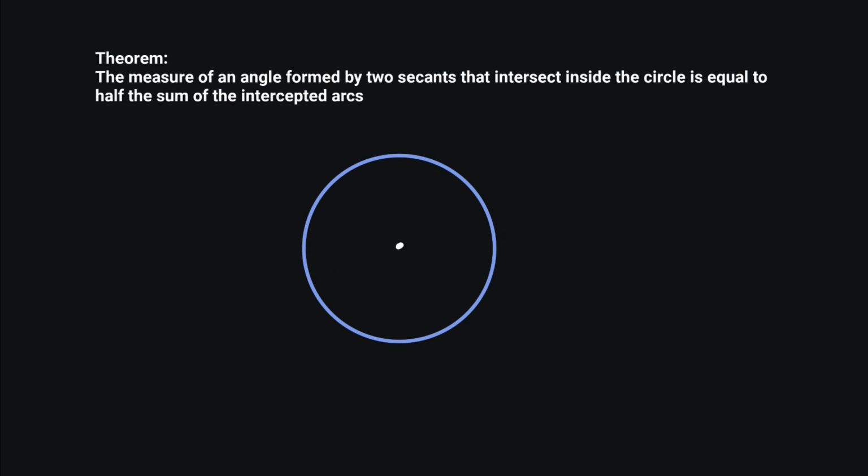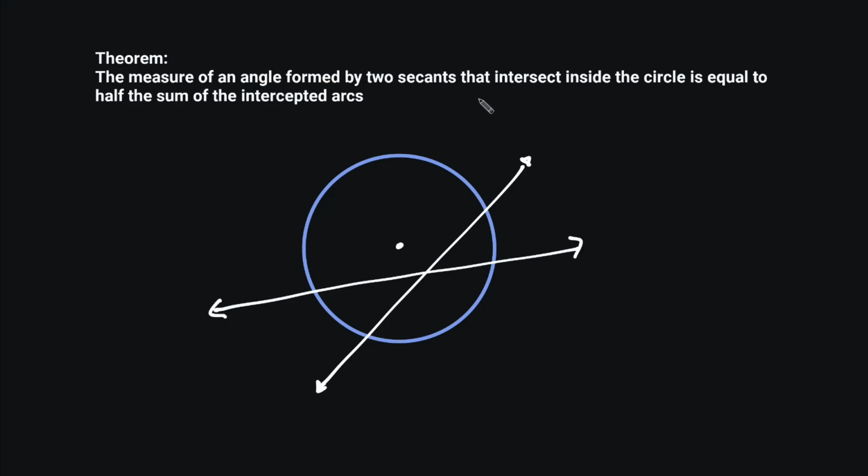The center is there, and maybe we have that line, and maybe we have that line. So we have 2 secants that intersect inside, intersecting right here. It's equal to half the sum of the intercepted arcs.